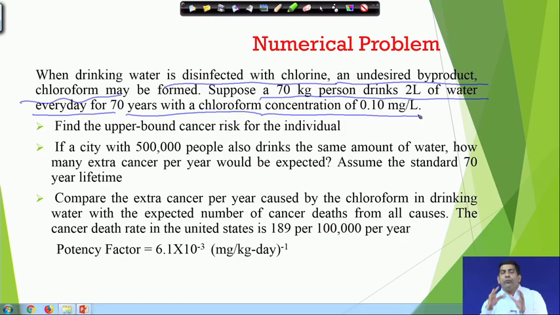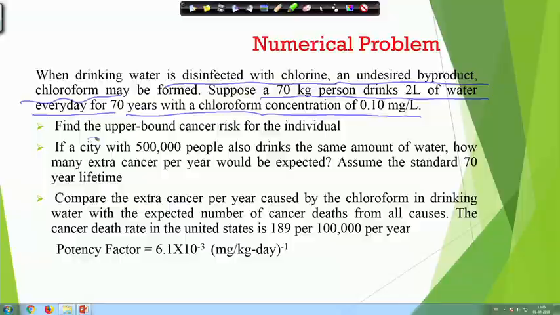The plant had disinfection with chlorine, and of course these days we are trying not to use chlorine and go for UV and other methods. But if they use chlorine and chloroform is formed, the average concentration of chloroform over that 70-year period is say 0.1 milligrams per liter.